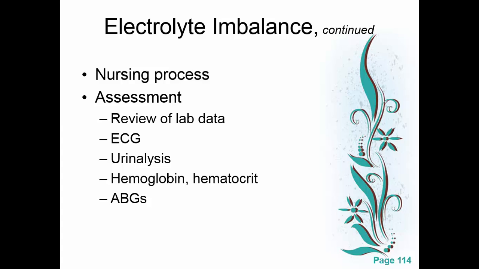All right, so nurses need to have a good understanding of the etiologies, signs and symptoms, and suggested treatments of both excess and deficiencies in specific electrolytes. So general assessment is going to include review of lab data for specific excesses or deficits, monitoring EKG, urinalysis, hemoglobin and hematocrit, monitoring their ABGs.